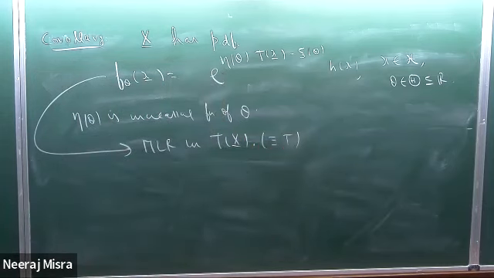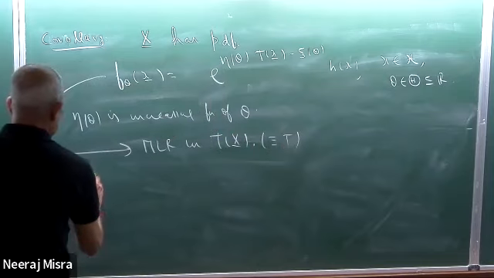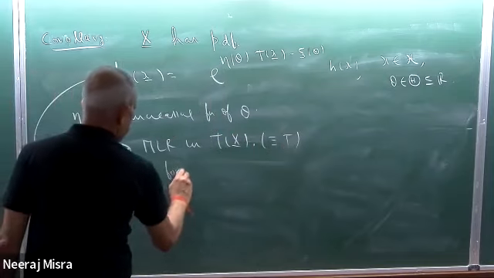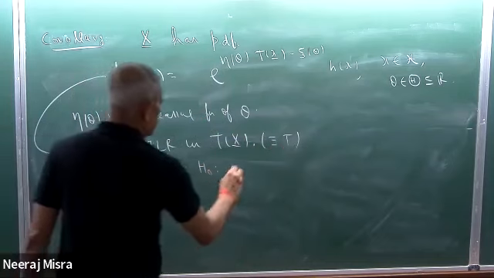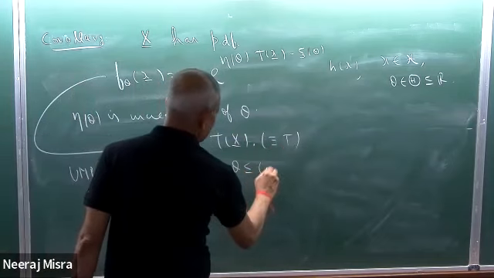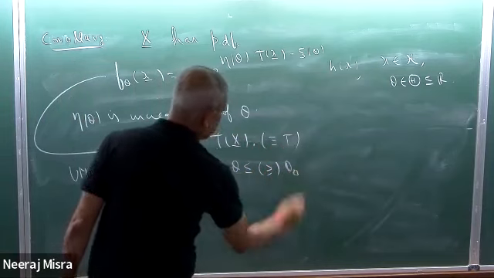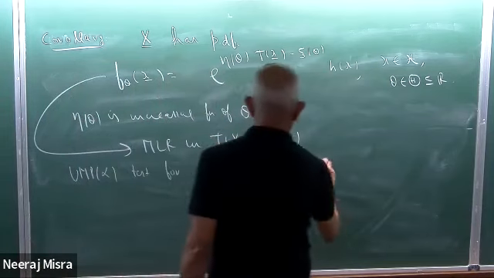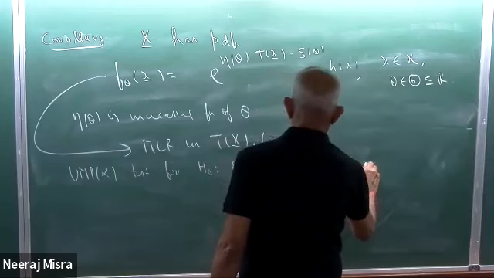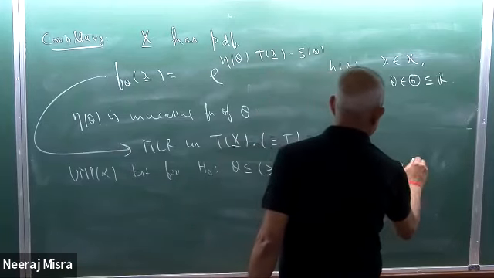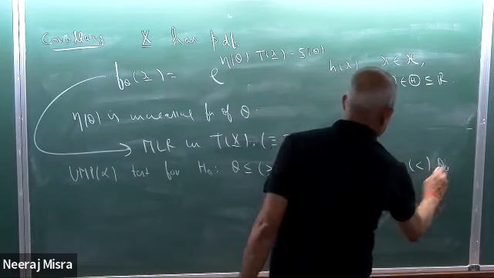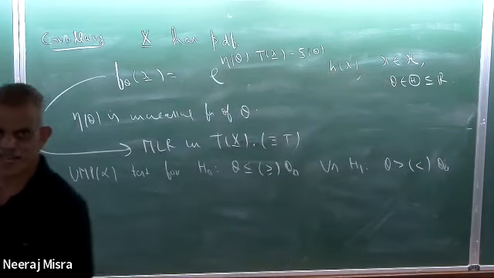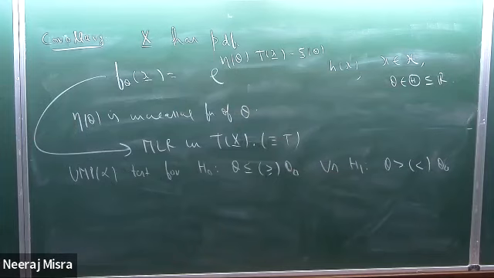So if I have to consider a UMP alpha test for H naught that theta is less than, I can put greater than also, theta naught, versus H1 that theta is greater than theta naught. In the other case, the alternative is theta less than theta naught, so whatever is in the bracket is for the other case.